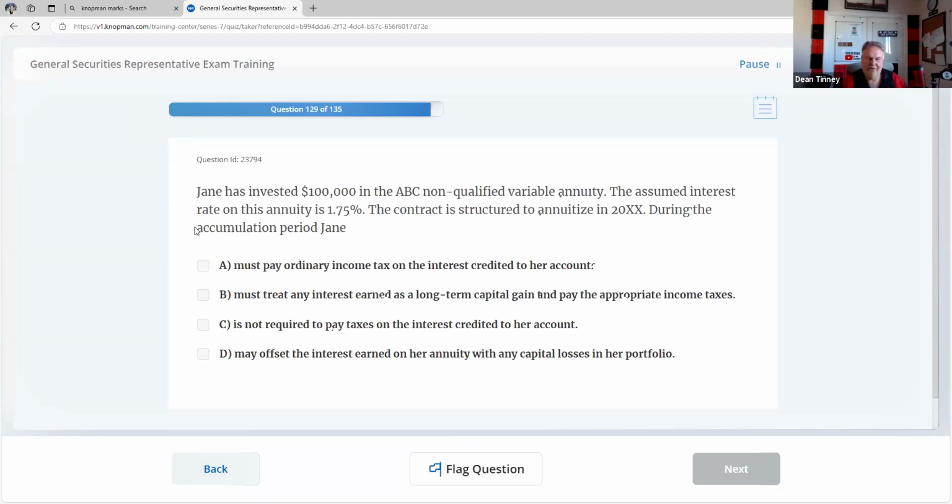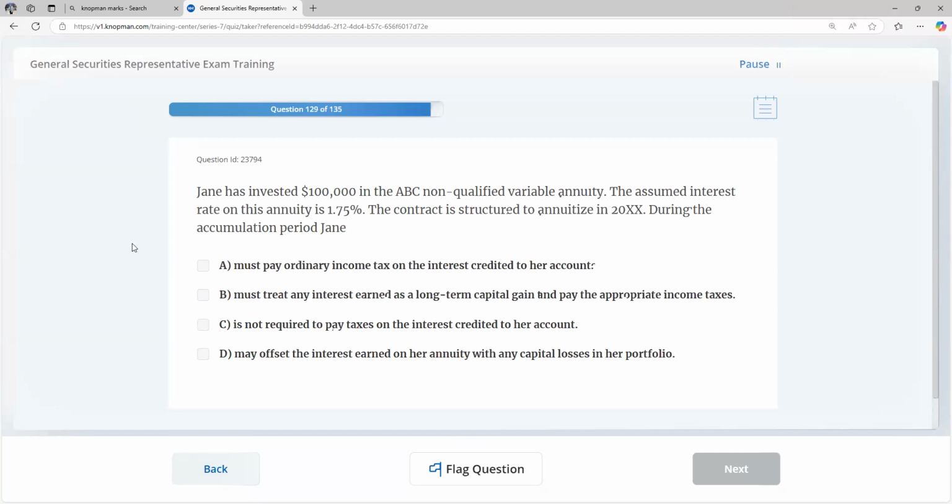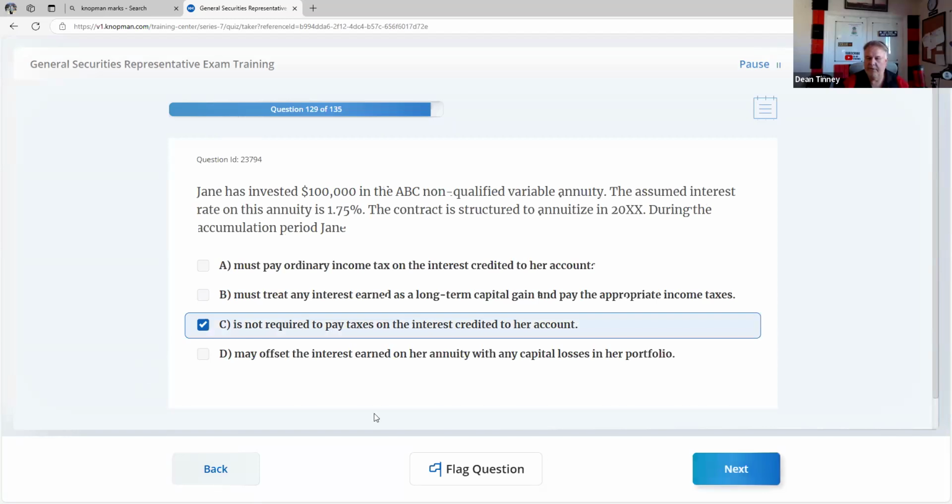Is not required to pay taxes on the interest credited to the account. The money's going tax deferred till you annuitize, right?